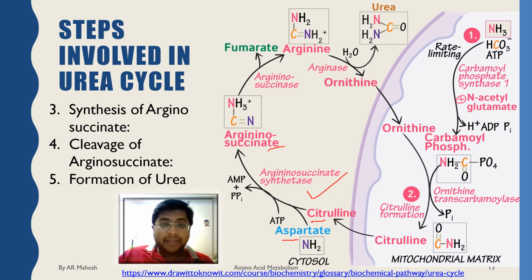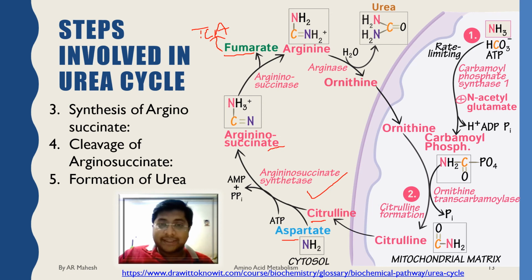Arginine is the immediate precursor for urea, and the fumarate which is released in this urea cycle will go into the TCA cycle. The fumarate liberated provides a connecting link with the TCA cycle and gluconeogenesis.